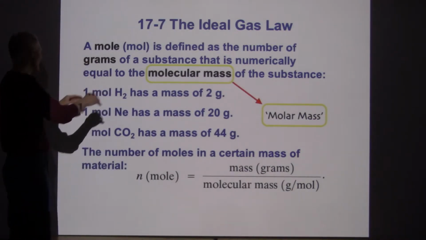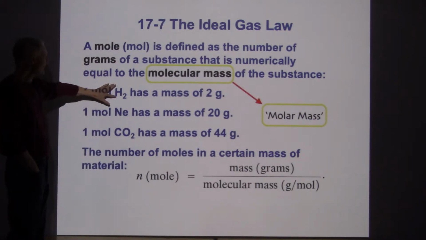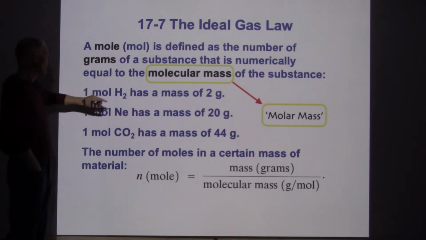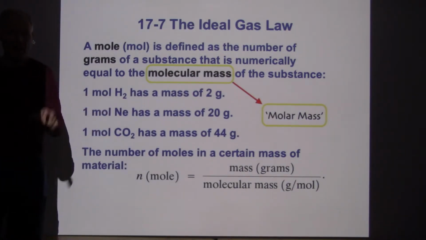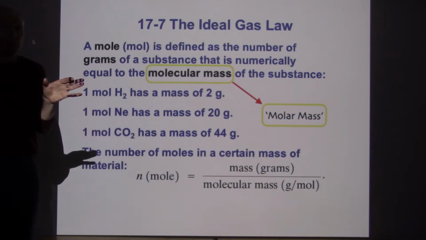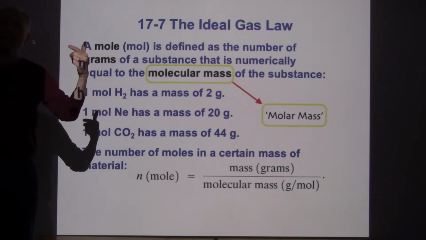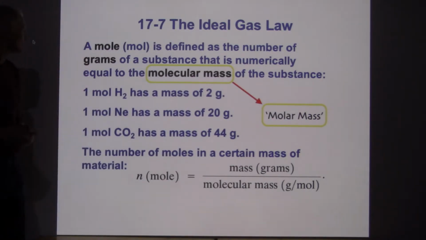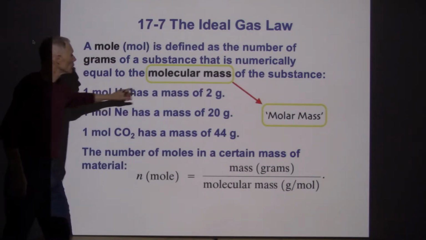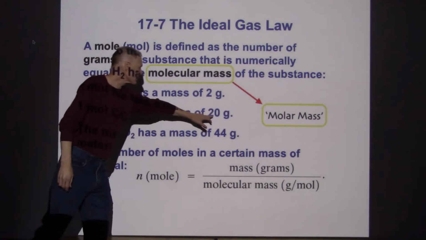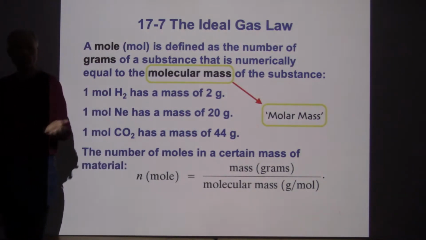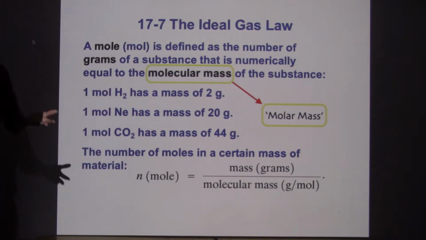So for example, if I take a collection of H2 molecules, hydrogen, each molecule of H2 has a mass of 2 atomic mass units. When I scale that up to an entire mole, 1 mole would have a mass of 2 grams. A mole of neon has a mass of 20. That comes from looking at the periodic table and seeing what the molar mass is for these different compounds.